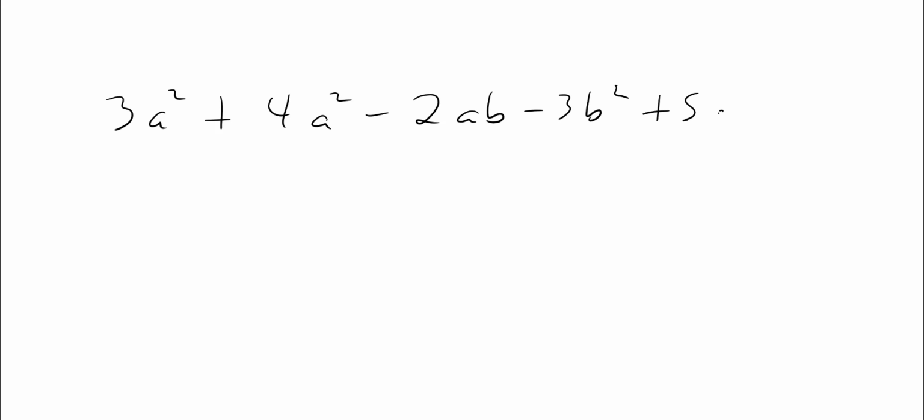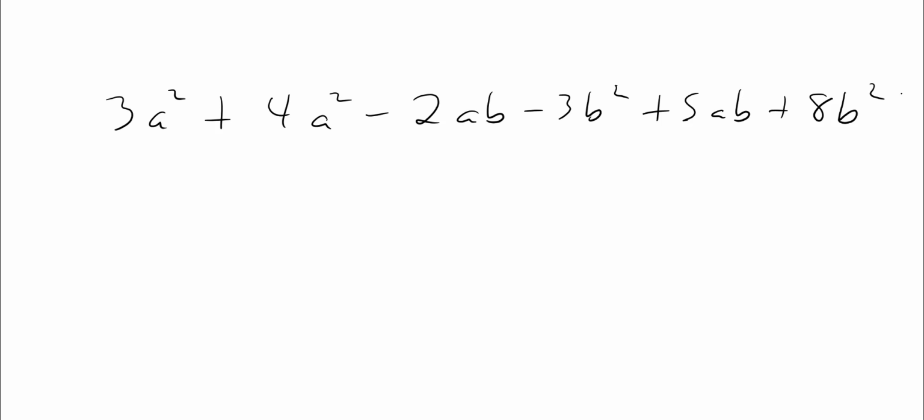If I said 3a squared plus 4a, we'll say 4a squared, minus 2ab minus 3b squared plus 5ab plus 8b squared.